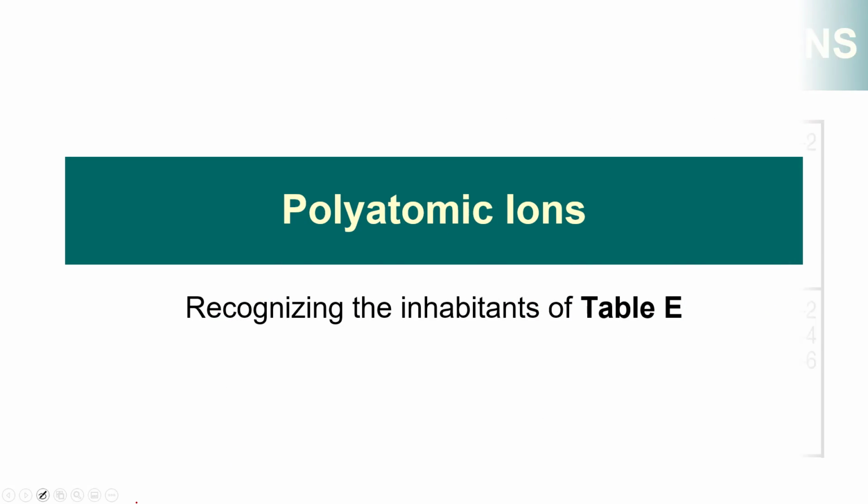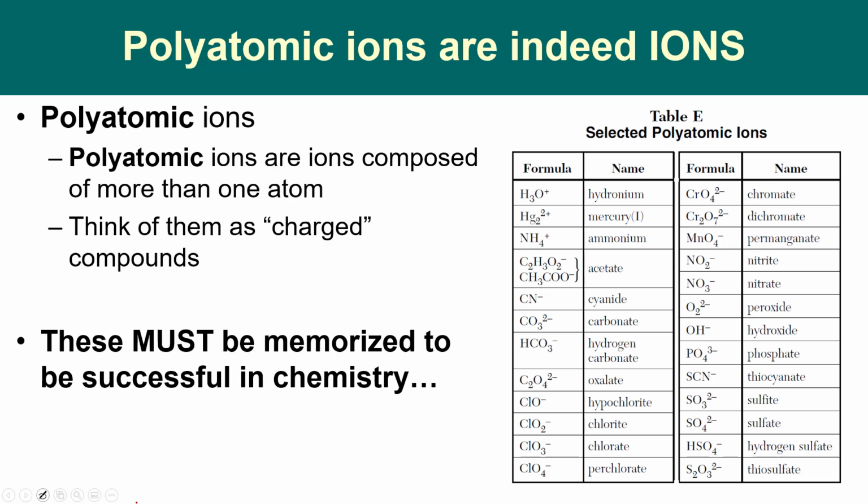and that is the one that we are using. Before we leave this video, it would be irresponsible of me to close it out without reminding you about your polyatomic ions. Remember, your polyatomic ions are on table E, and they are ions that are composed of more than one atom. So many of them look like neutral compounds, but the truth is they're not.